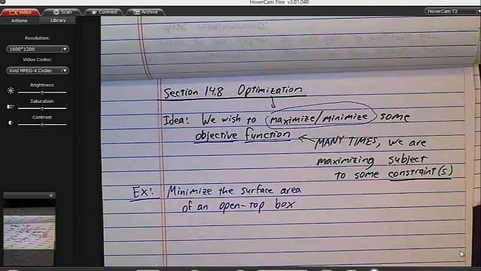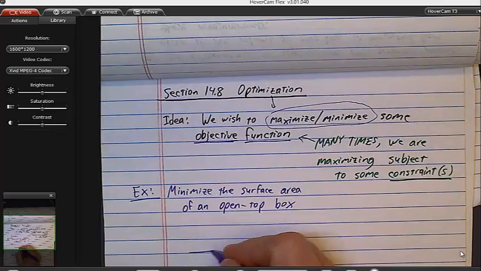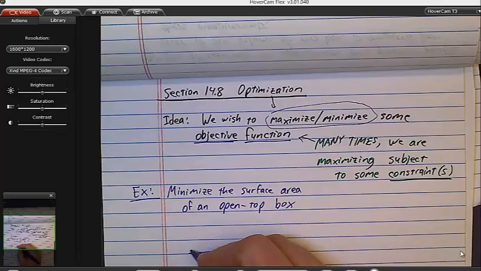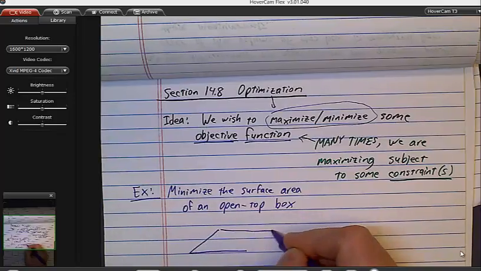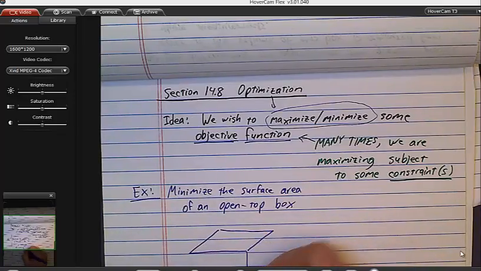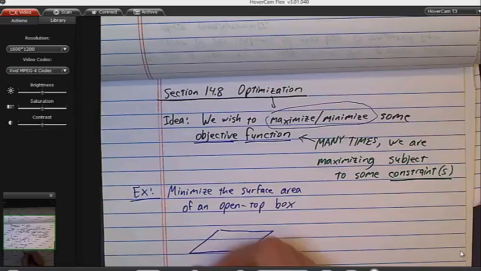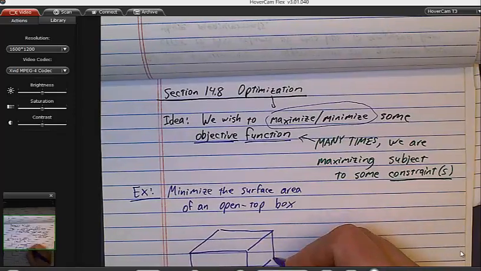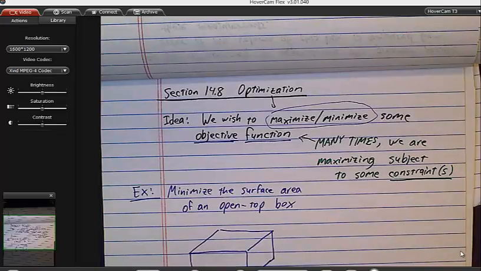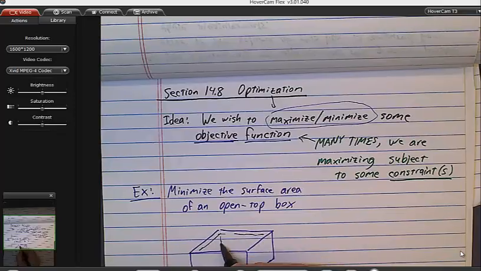I guess I'm picturing, you know, we're going to build a box like this. And so when I say open top, okay, so you could see inside, right? It goes down.